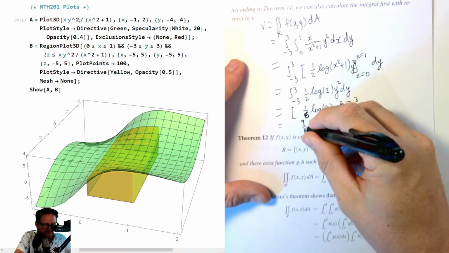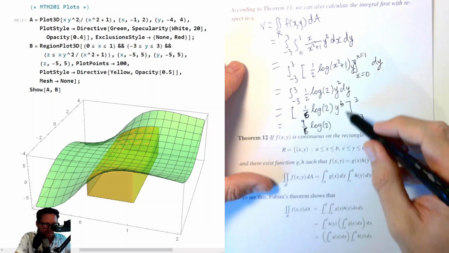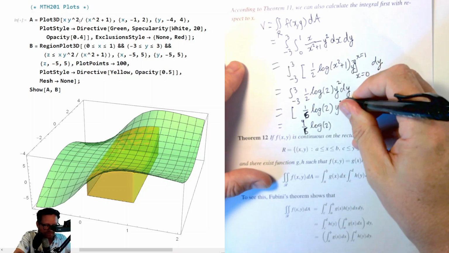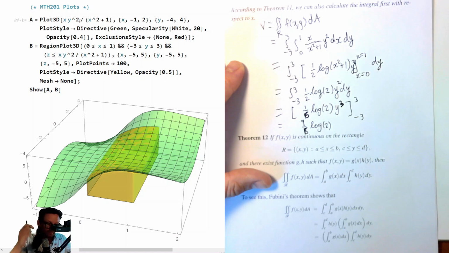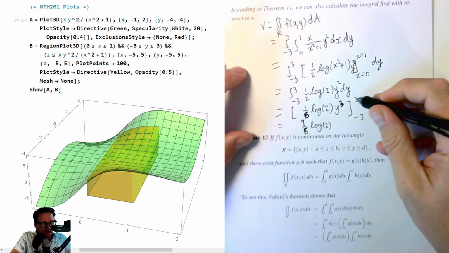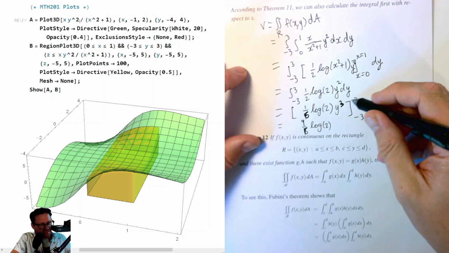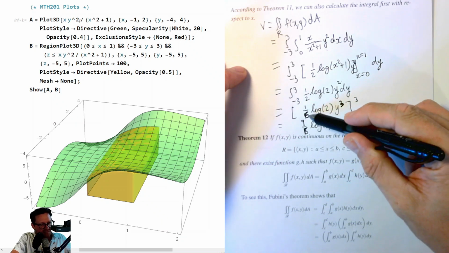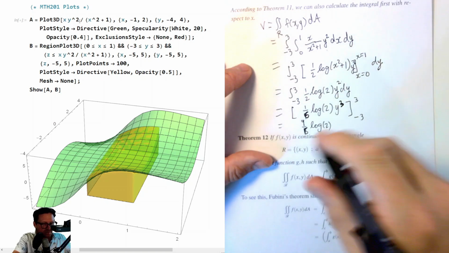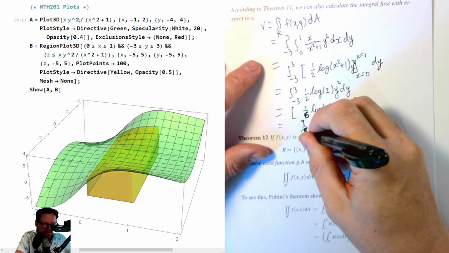Okay, so 9 over 6, and now the cube of, oh, but hang on. 3 cubed is 27. 27 divided by 3 is 9, so this should be 9 over 2.